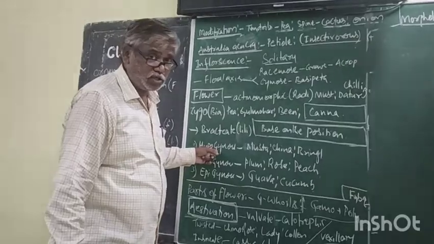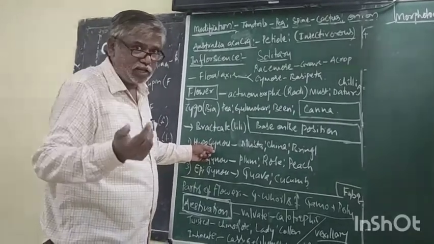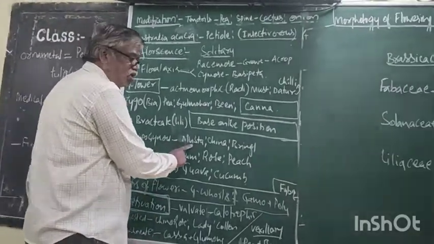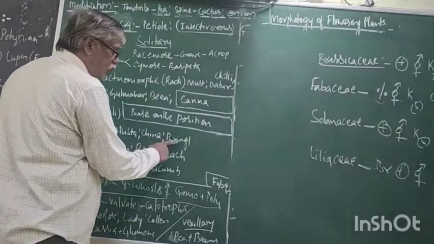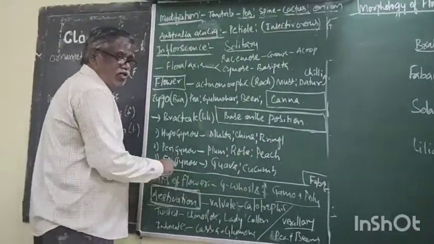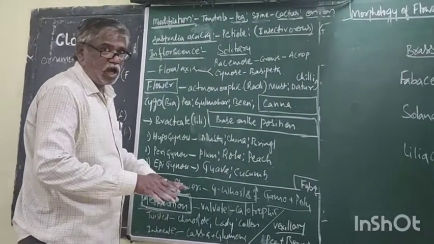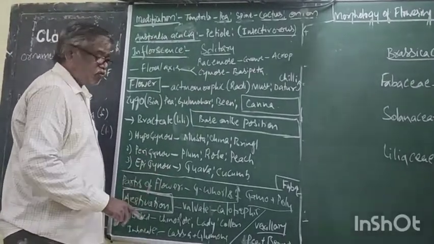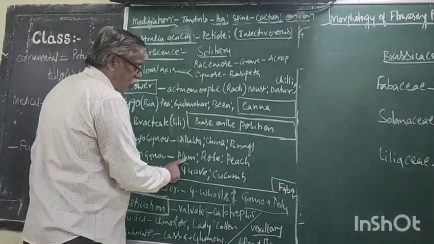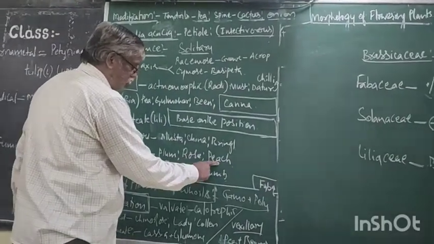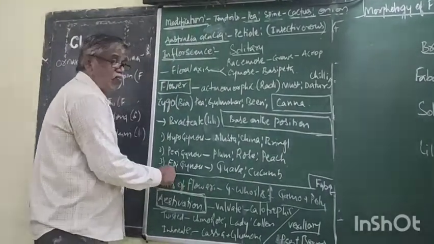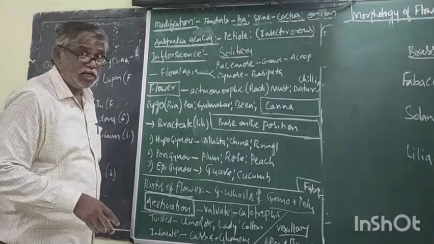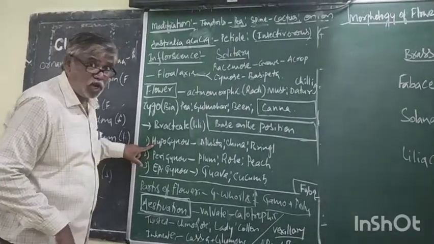In hypogynous, the ovary is superior: mustard, China rose, brinjal. Perigynous: plum, rose, peach. Now come to epigynous. Ovary is inferior.